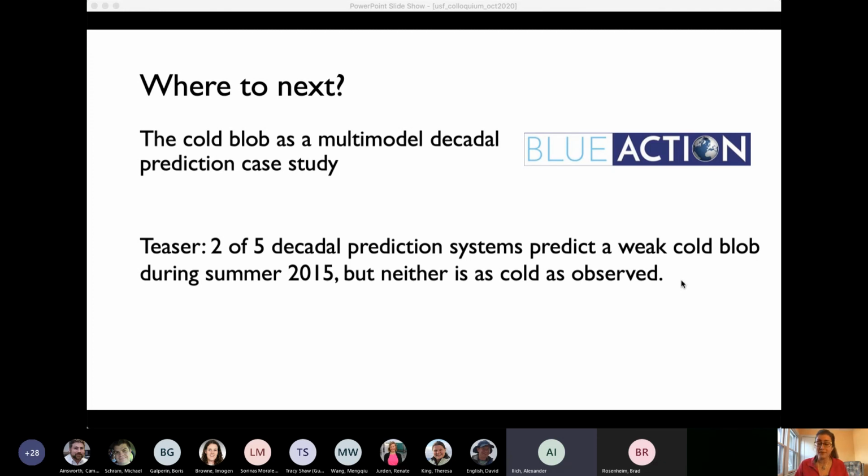Yes, that is one possibility. It was a very rare event and you just couldn't predict it. It's unpredictable, and that is a perfectly acceptable answer potentially. But it ignores whether any initial value predictability is possible. In the subpolar North Atlantic, we started out with the initial values, at least at the surface, in the right place.